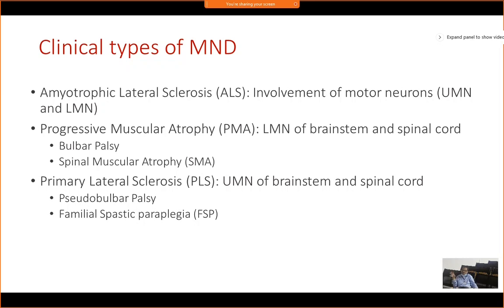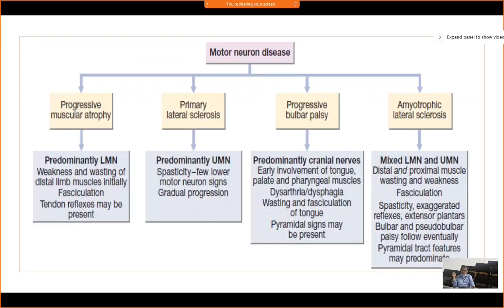If it is affecting only the brainstem nuclei, we call it pseudobulbar palsy. If it is the spinal cord, upper motor neuron involvement, it is called familial spastic paraplegia. These other 4 variants are less common. Amyotrophic lateral sclerosis is the most common variety among all these, and we will now discuss mainly that area.